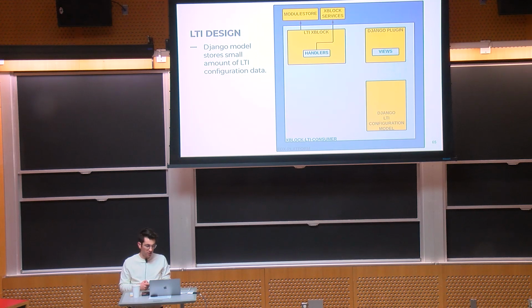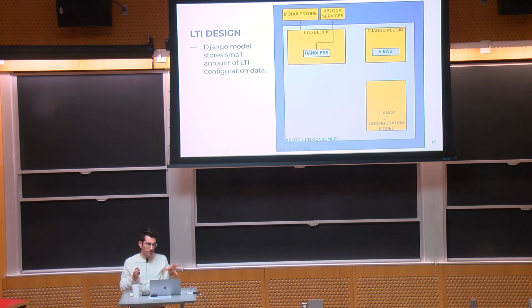And then we also have, finally, the LTI configuration model that stores a small amount of configuration data. You might remember that I mentioned that configuration data is entered in the XBlock, and it's true that the majority of configuration data is stored in the module store, but a small amount is also stored in this model, mainly auto-generated stuff like a client ID for the tool or private key pair for the platform.